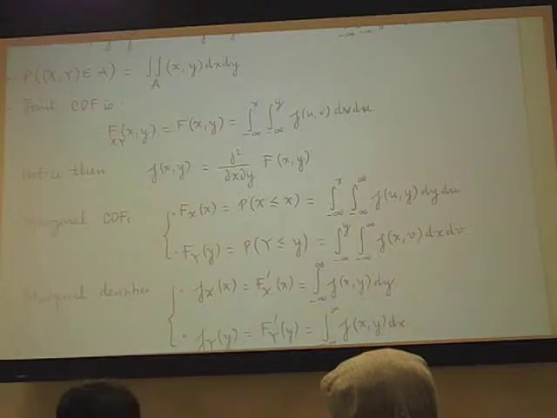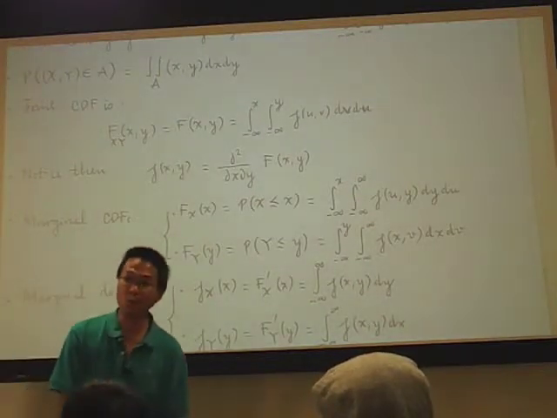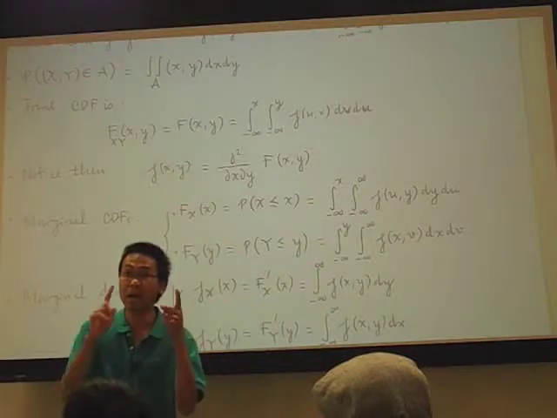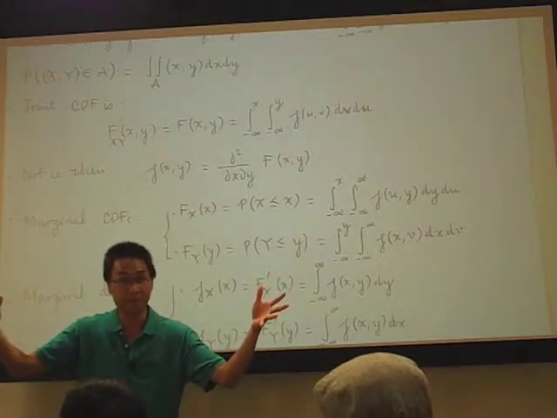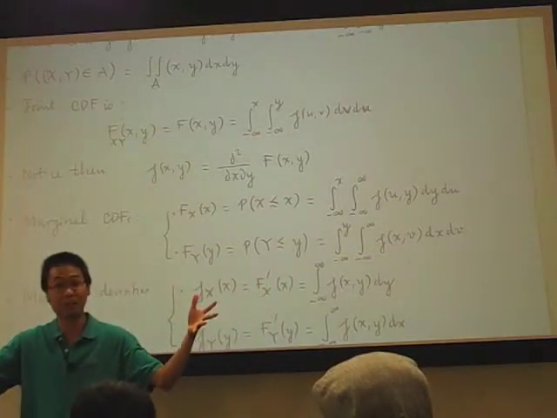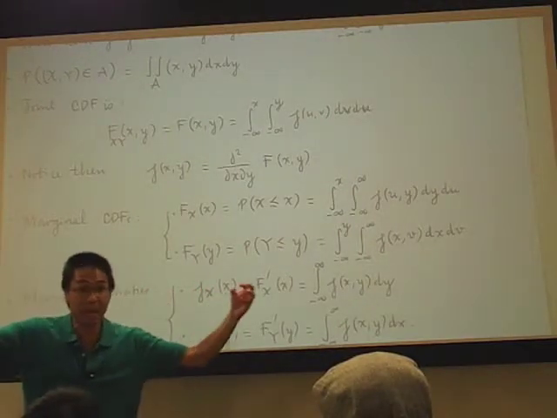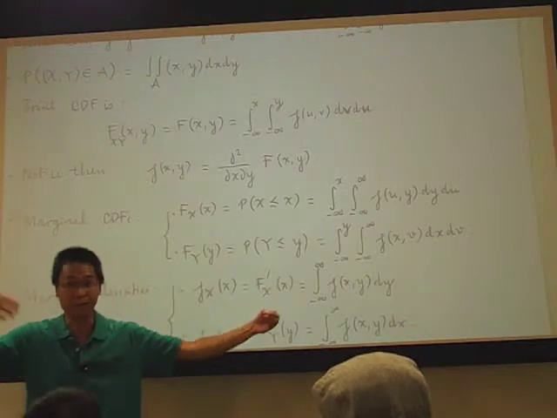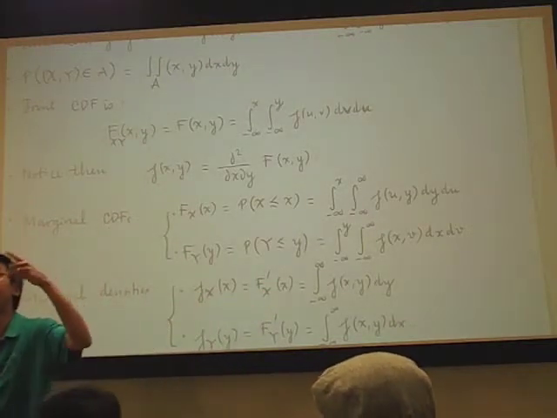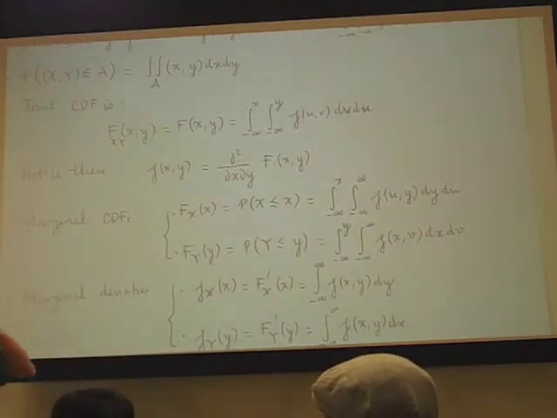Right here, for example, if you want to compute the marginal CDF, let's say with respect to x first. Remember, CDF means the cumulative distribution function. In a discrete case, that means you sum every possibility from negative infinity to infinity. In the continuous case, that means you integrate.